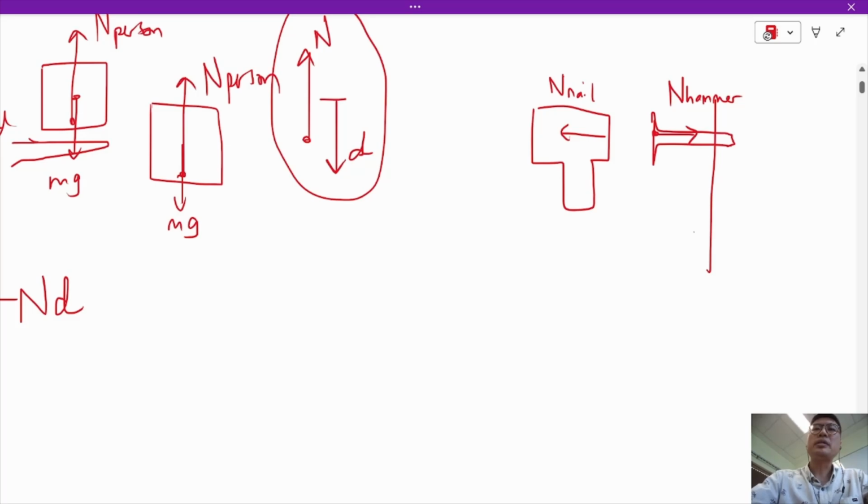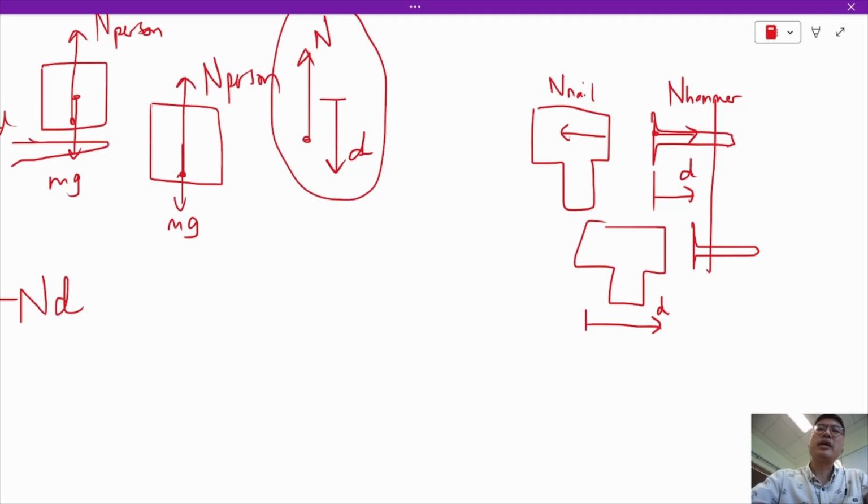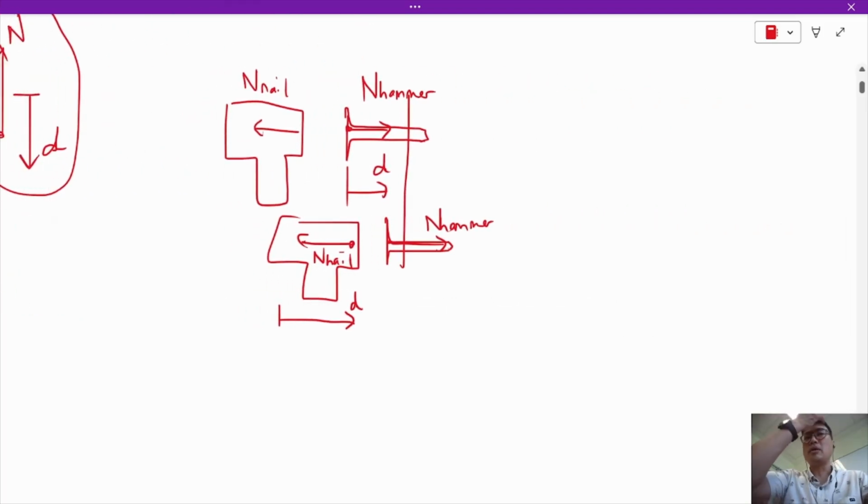However, what happens is that the nail goes into the wall like this. So that means that there is a distance moved by the nail, and there's also a distance moved by the hammer. The hammer also moves a certain distance. Because the hammer is touching the nail, the distance is usually the same for both. All right. So what is the work done on the nail and the work done on the hammer?